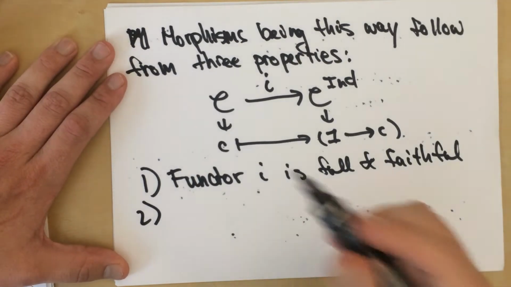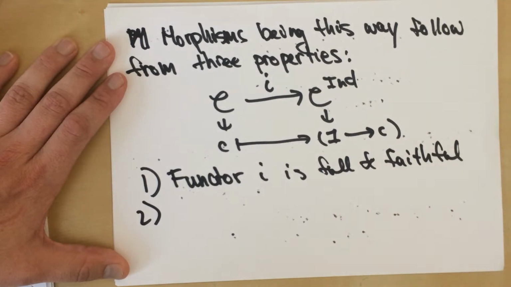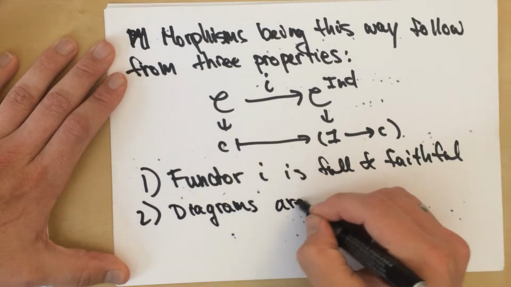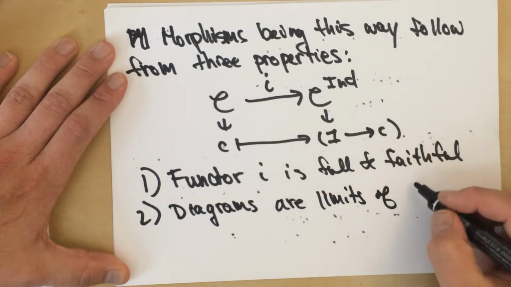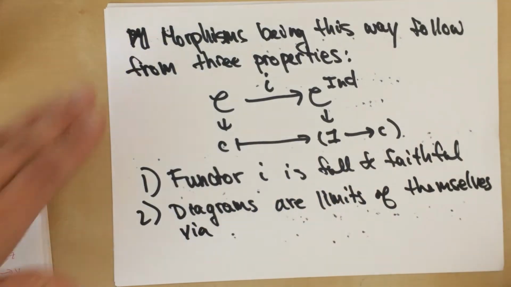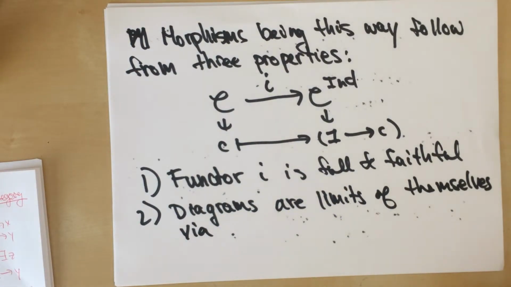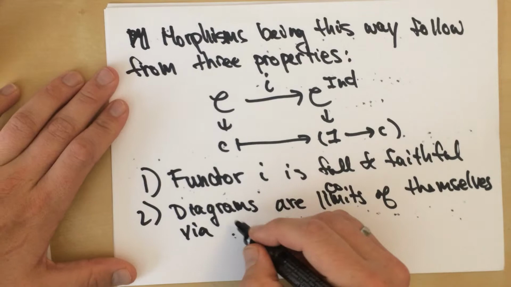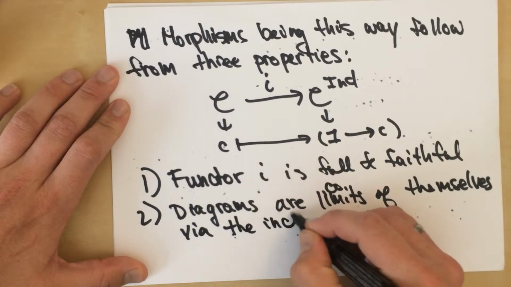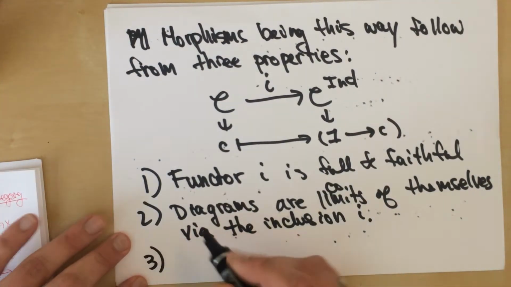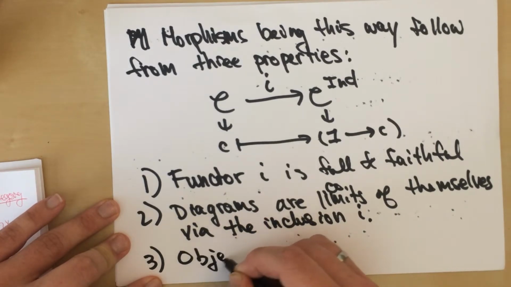The second property: diagrams are limits of themselves, so they're actually, I guess, co-limits of themselves, co-limits of themselves via the inclusion I. The third thing that we require is that objects are compact, and I'll explain what this means.